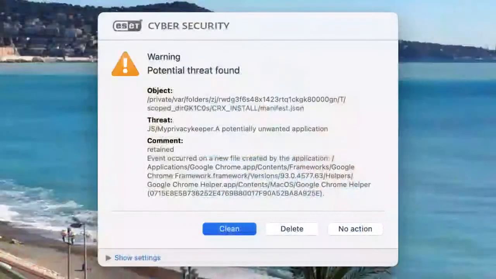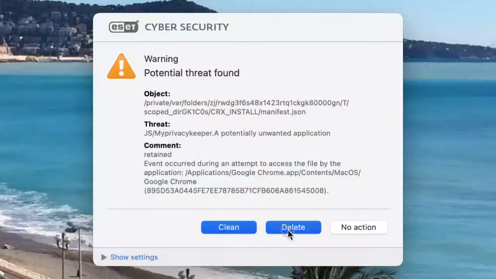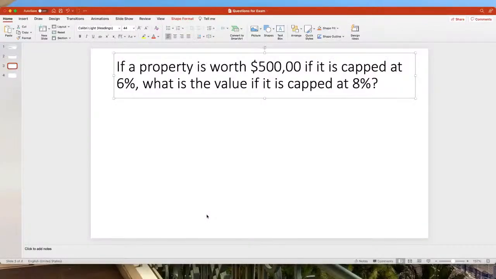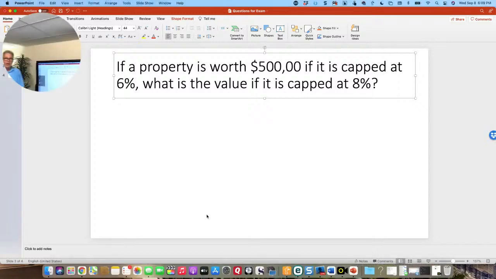Well, let's get into a math problem. I have a problem here that I want to go over with you, and I think you will enjoy trying to figure it out with me. It is what we call a cap rate problem, and with a cap rate problem, what we're trying to find out is the value of a property. This is a classic type of cap rate problem.